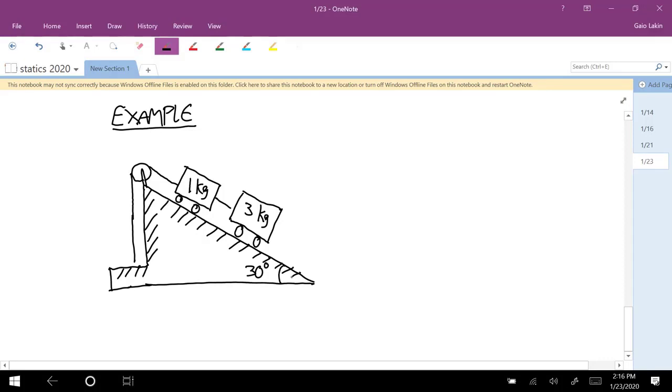And then there's one more thing going on. There's a 2 kilogram mass sitting on top of the 3.